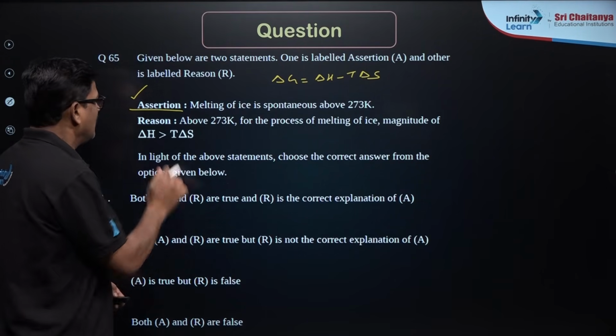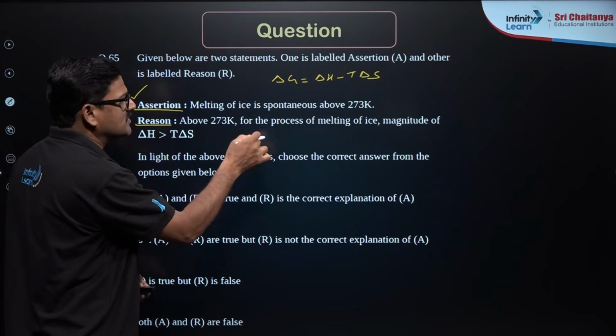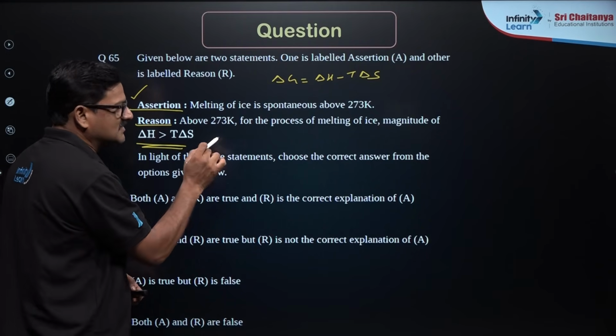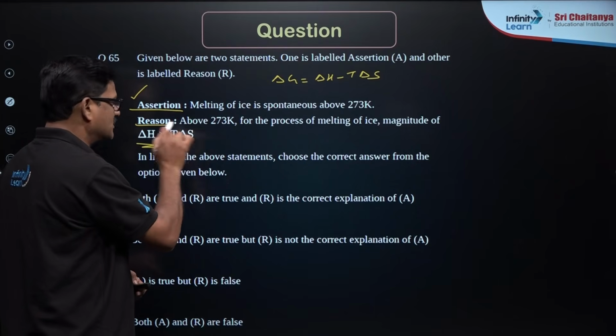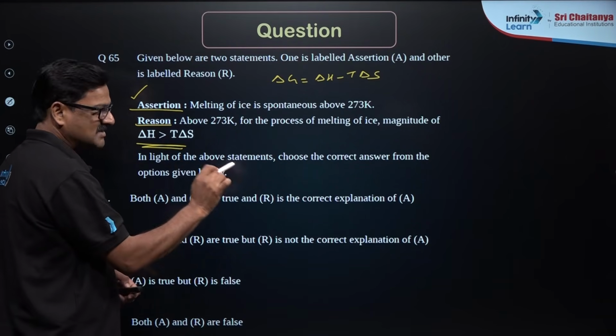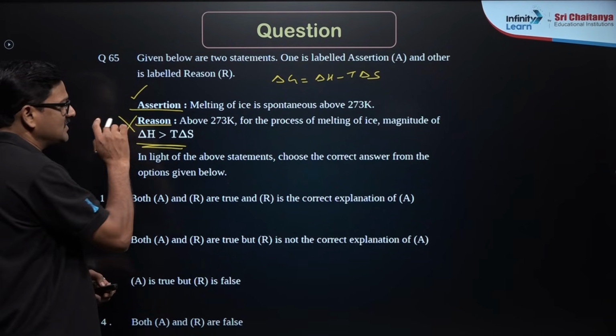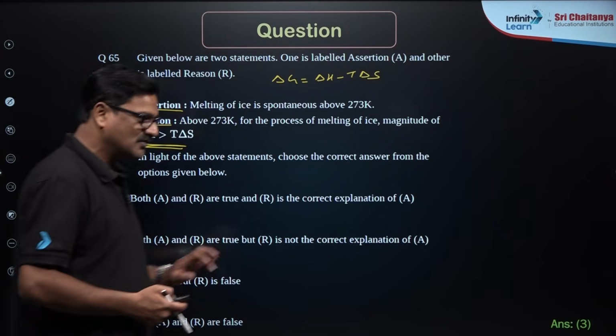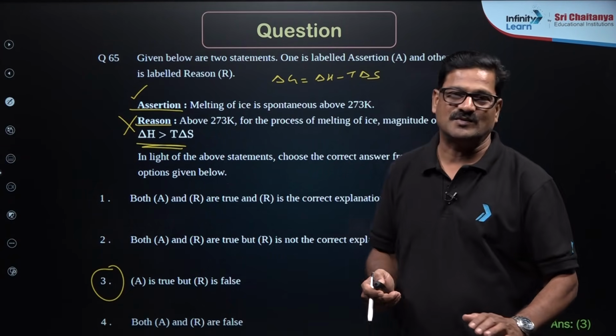So above 273, for the process of melting of ice, the magnitude of this is less than this. So it cannot be greater than this because this is an endothermic process. The reason is not correct. So the assertion is true, and the reason is false for this question.